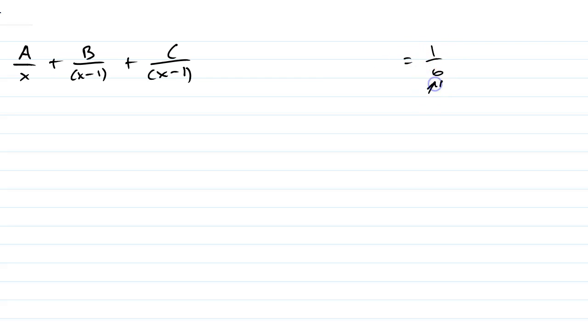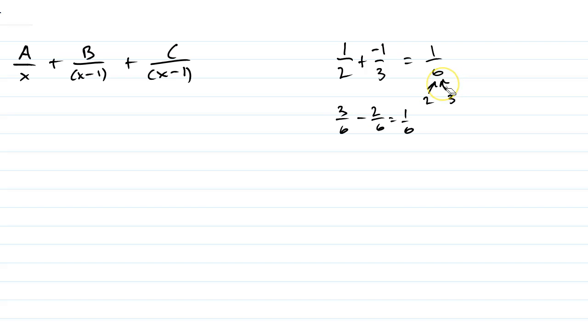The factors of 6 are 2 and 3. And so if I want to combine fractions together to make a 1/6, I need to have something over 2 and something over 3. And after some investigation, you might find that this works. And yes, this would be 3/6 minus 2/6, which would be 1/6.